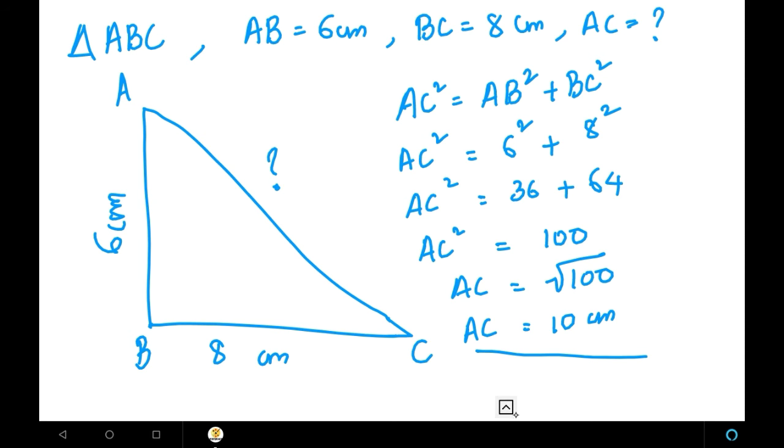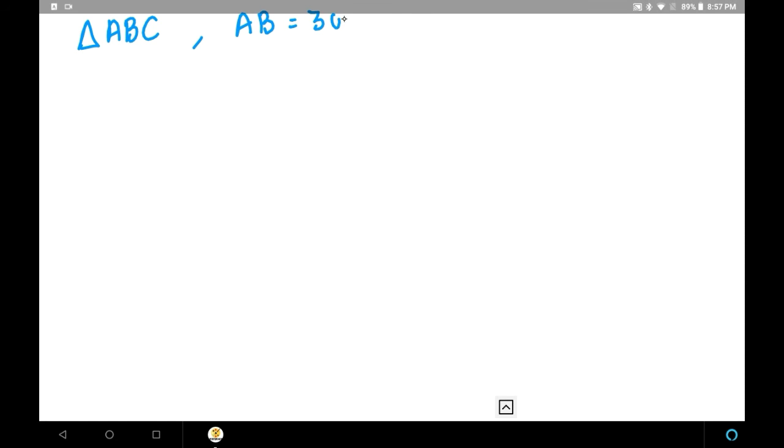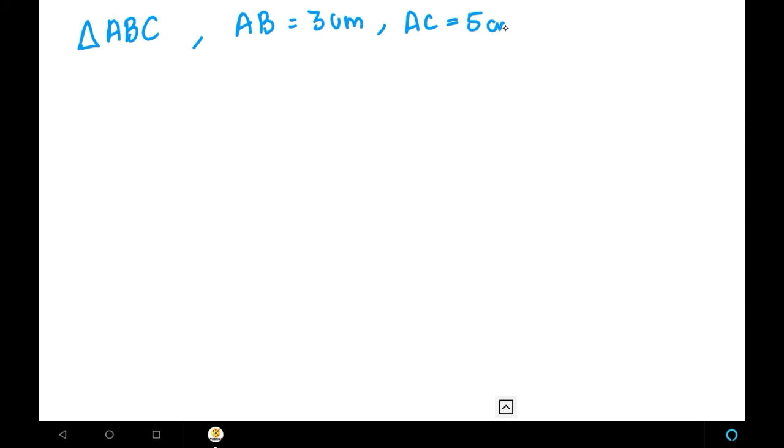Let us deal with another problem. In this problem, they are asking in the same right angle triangle ABC that we have taken before. Here they gave AB value as 3 centimeters, AC value as 5 centimeters, and they are asking us to find BC value.